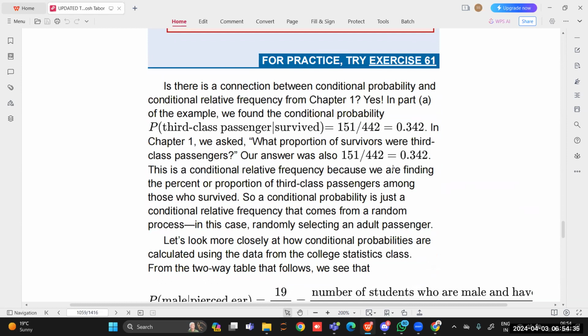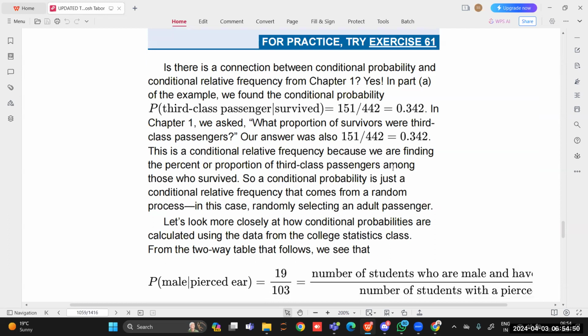In chapter 1 we asked what proportion of survivors were third class passengers. So our answer was third class first, then survivors. It was 151 upon 442. This is the conditional relative frequency because we are finding the proportion of third class passengers amongst those who survived. So conditional probability is just a conditional relative frequency.